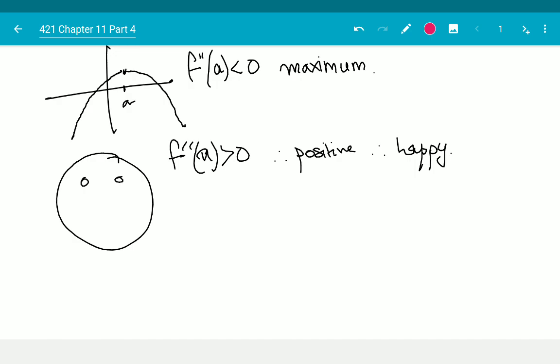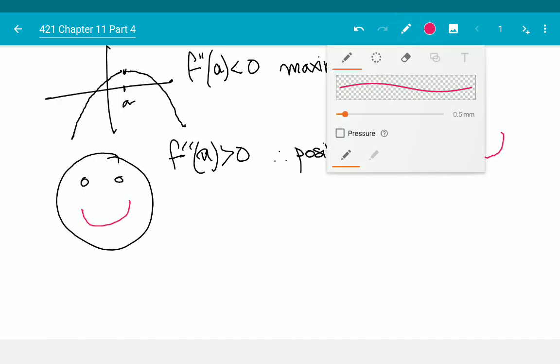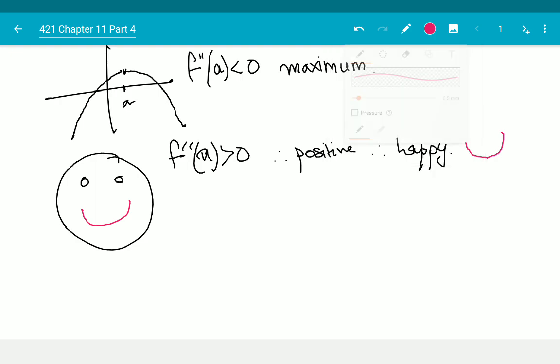And so you are going to look like this. You have a nice smile, and that means your function is concave, and that means it's a minimum.